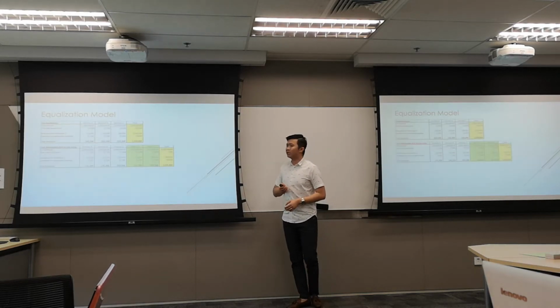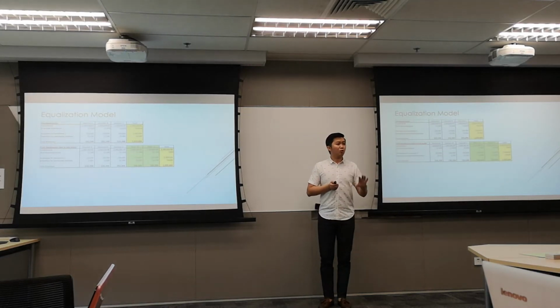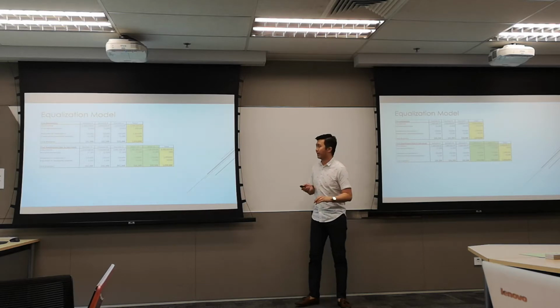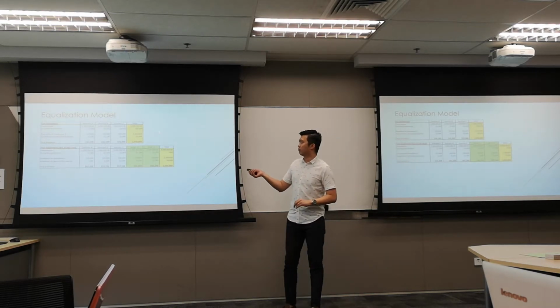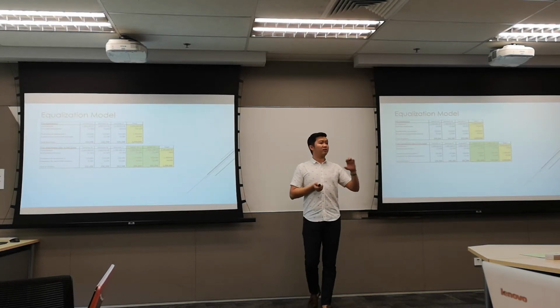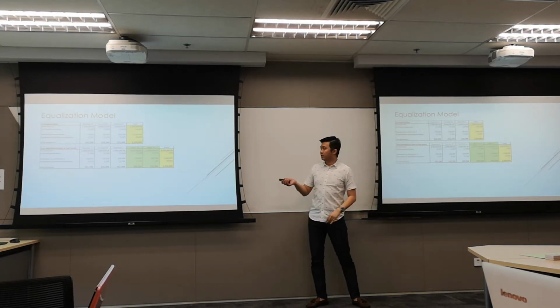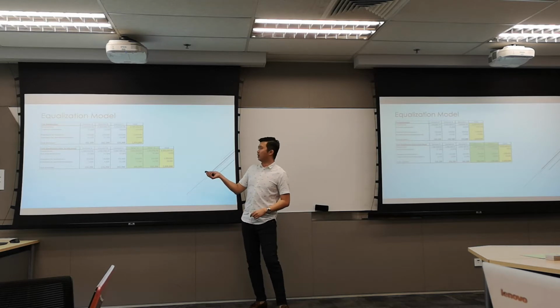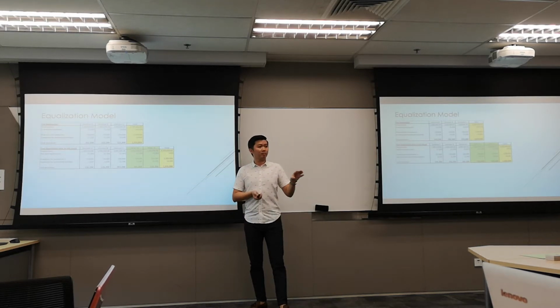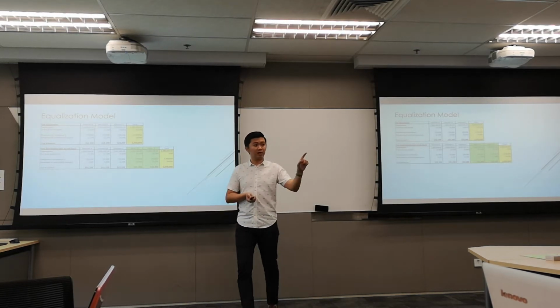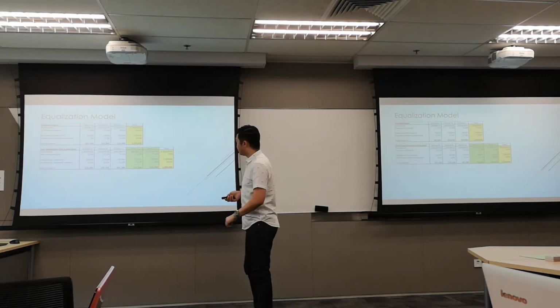So this is how a typical complete equalization model looks. First step, the first graph: identify what amount has been called and allocated to previous investors. Second step, we then allocate the investment to all the investors, including the old and the new investors.